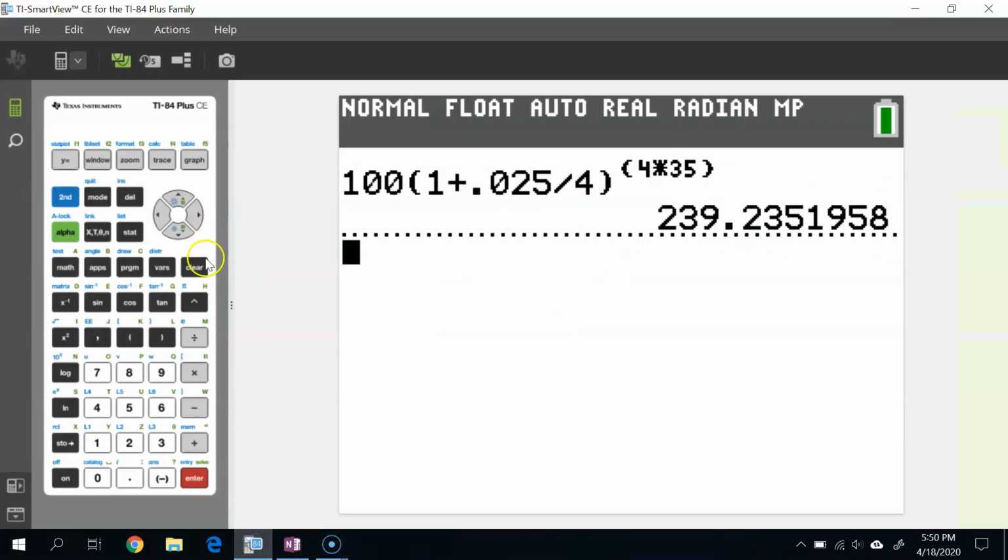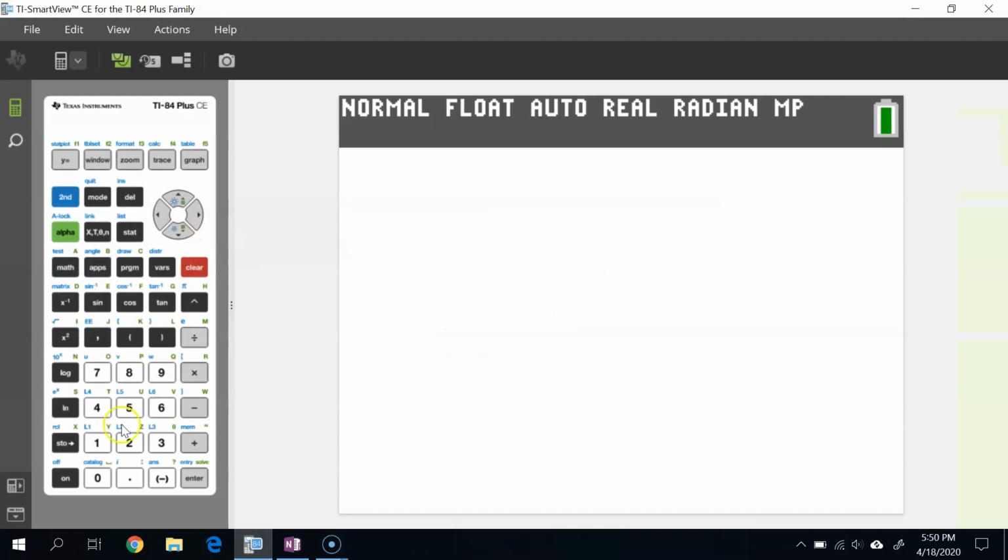Let's find out. Okay, so to type this in, I'm going to type in that 100 again. To get e on our calculator, there are 2 spots, but the one that I showed you in the previous video was right here where it says ln. Right above it in blue is e to the x, so I would do second ln. All right, and then in the exponent, again, I'm going to use parentheses.